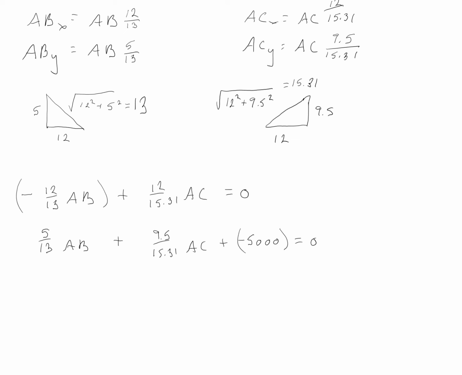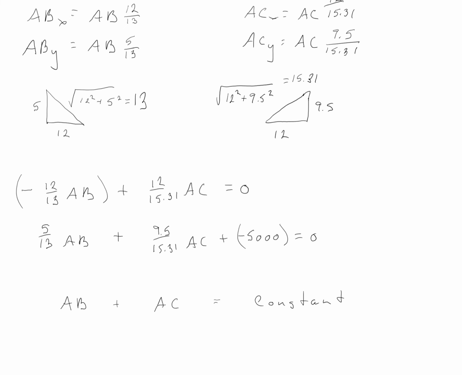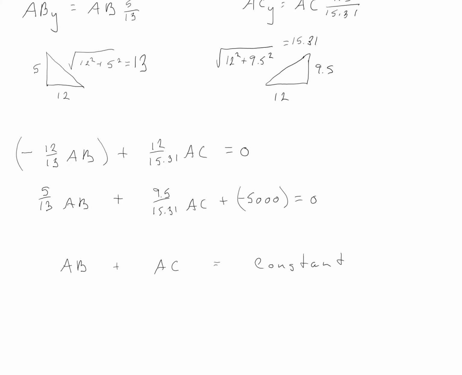Now to put this in the calculator, we want an AB column, an AC column, and a constant. Now you're going to have the formula, we're going to add these up, and they have to equal the constant. So bringing my x equation down, under AB I have negative 12/13.